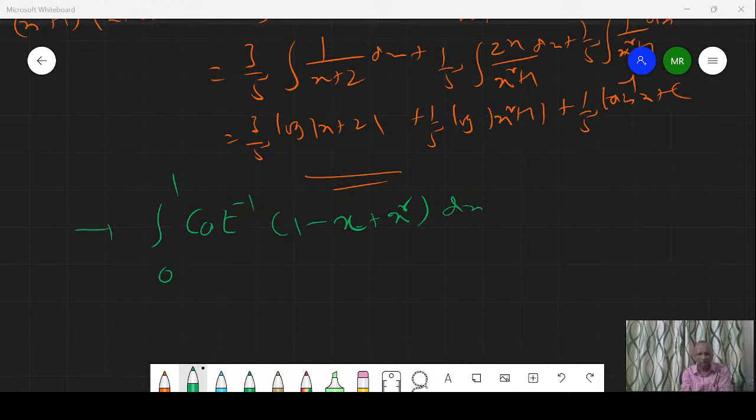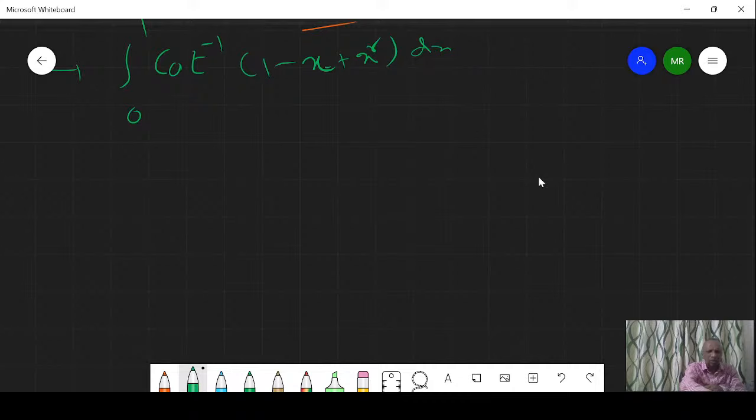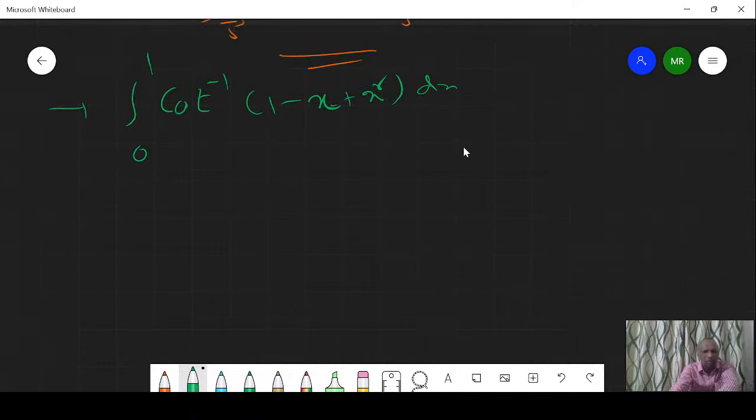Now you can see here, if you observe this one, this is also a most important one. Now when I am doing this, cot inverse of 1 minus x plus x square dx, can I write this in terms of tan? You can see this is the given problem.